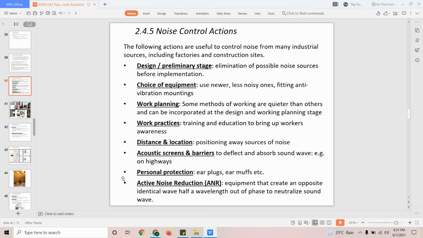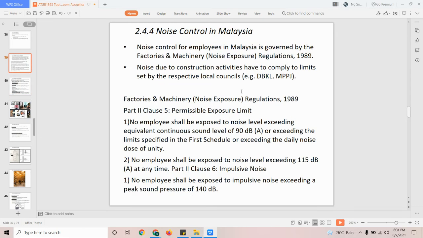Whenever there is noise in the construction industry or any factory, usually it will be planned out and arranged in a way that we do not bother other people. So if you bother other people and a complaint is reported, then the council can come and stop the work. So the construction industry is very vulnerable to that.